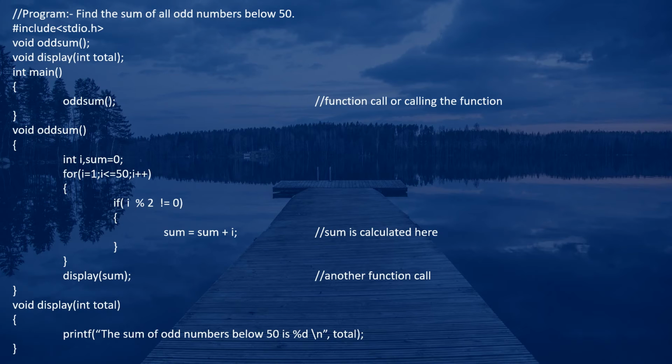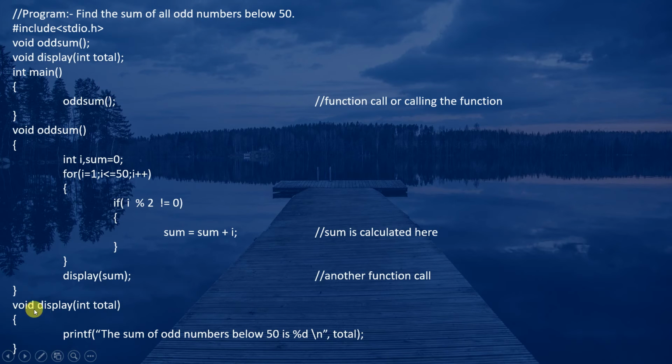In the display function, you are receiving the value of sum. This total will receive the value of sum. And you are printing: the sum of odd numbers below 50 is %d. That means an integer, and that value is stored in total.